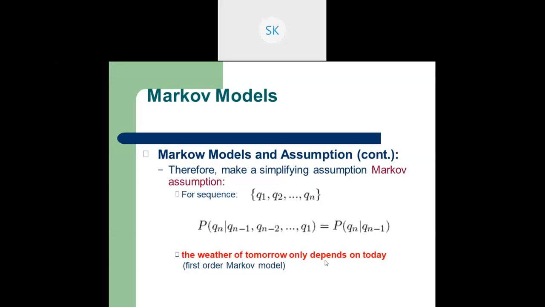The weather of tomorrow only depends on today. This is the first-order Markov model. Look at this formulation: the probability of Qn, the weather of tomorrow, depends only on the present day, that is Qn minus 1.